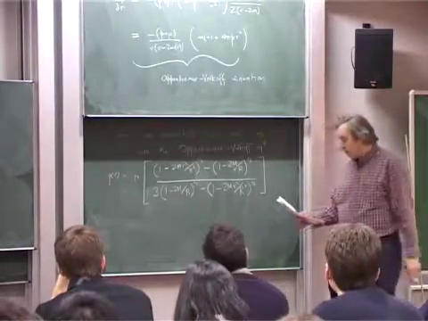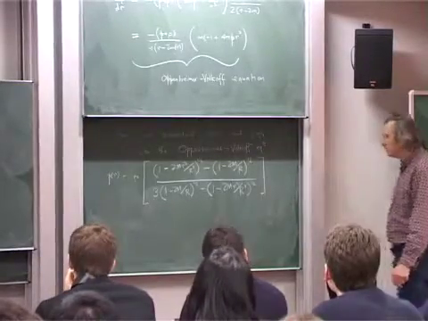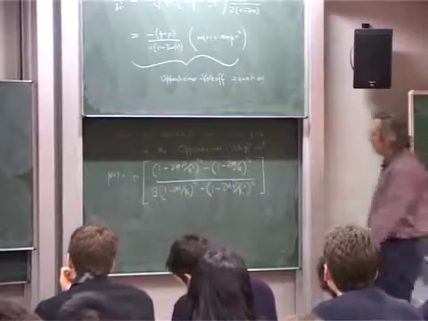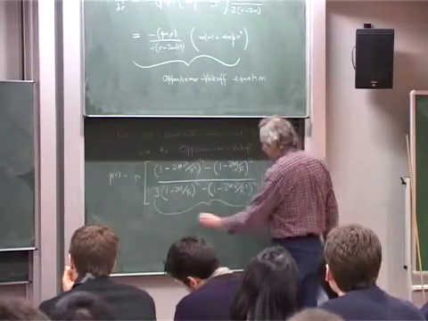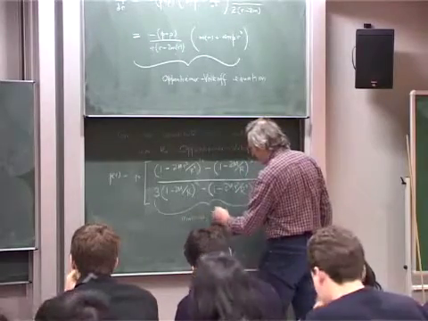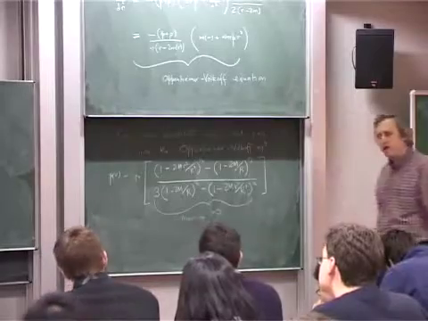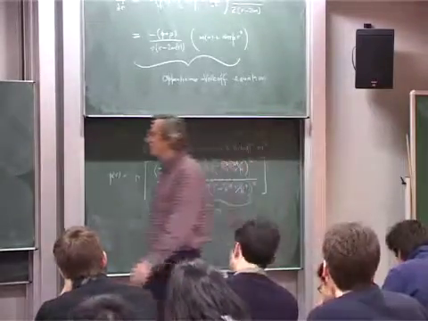How can that possibly happen? And the answer is, of course, it can't. This expression must be positive everywhere. Otherwise, the pressure blows up, or even worse, can become negative.